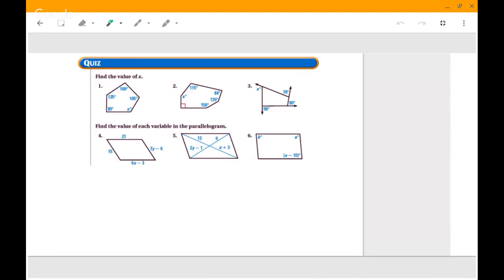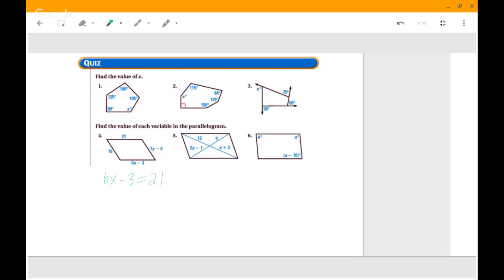So my question was, do I do 6x minus 3 equals 21 and then solve it from there? Yeah. Okay, cool. Yeah, you just set each opposite side equal to each other. So that'll help you solve for x with that one. And then for y, the other two sides are equal to each other.